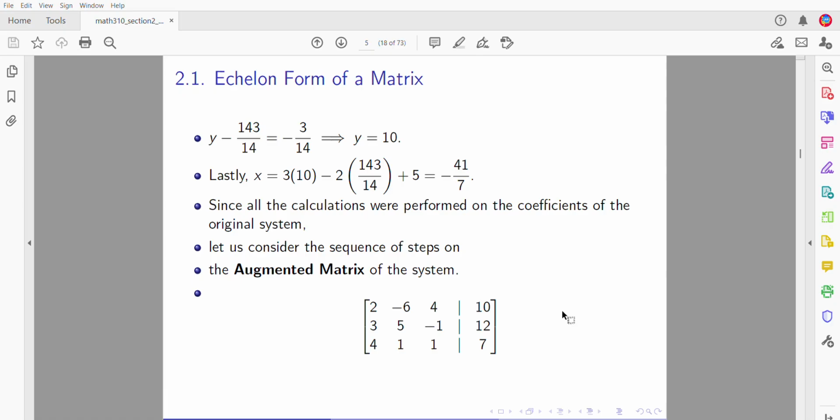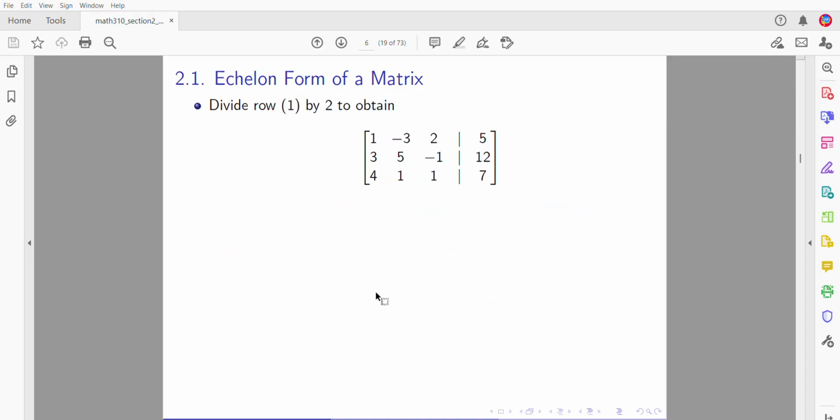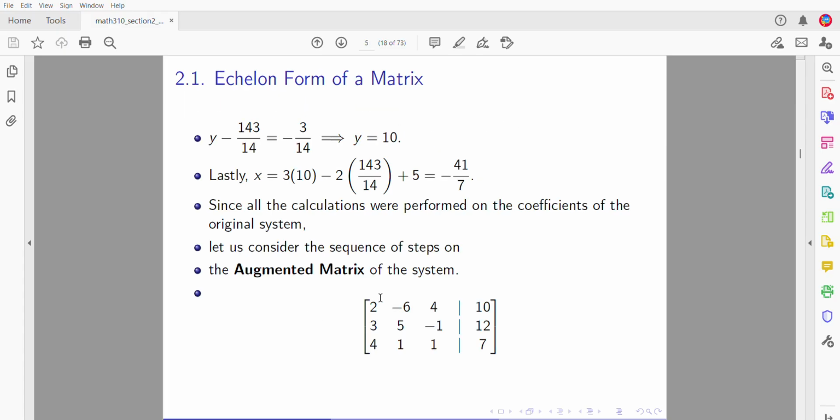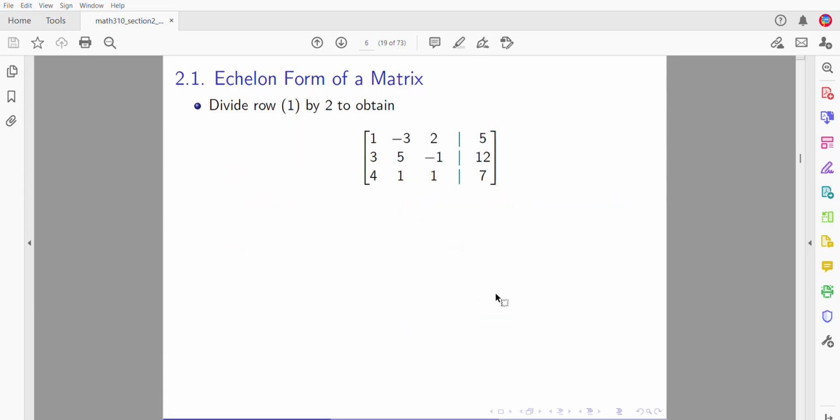So keep in mind, you try to get a 1 here, because that was the first equation, first variable. Divide the first row by 2. Now I want to get a 0 here and a 0 here.